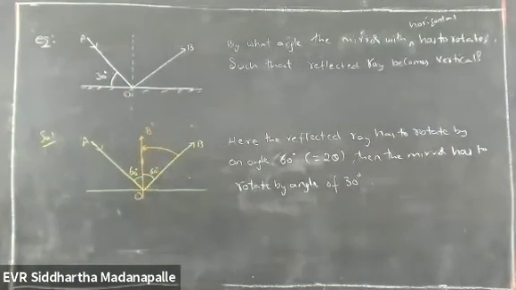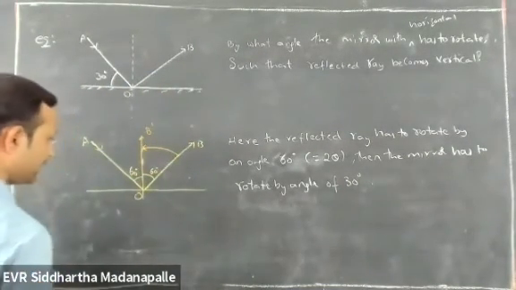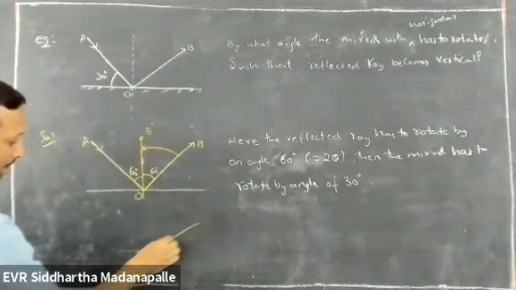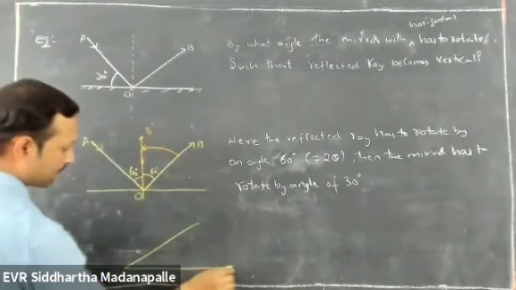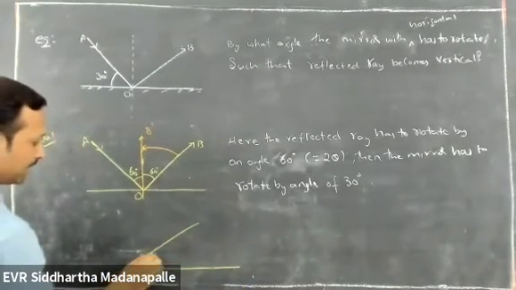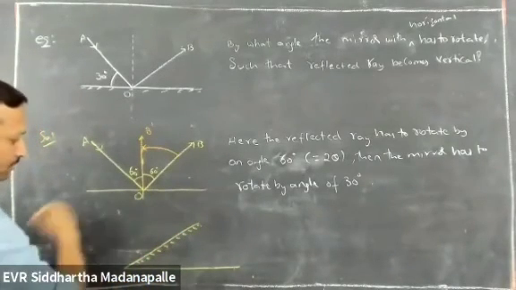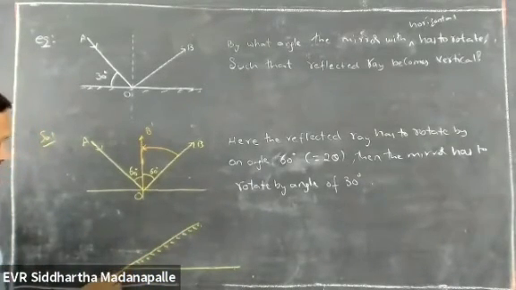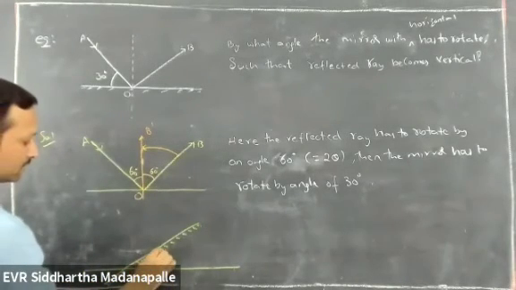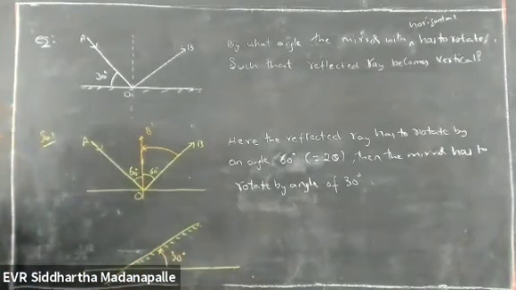Okay, so what will be the diagram? Let us see the diagram here. If this one indicates the horizontal and this is the mirror position, therefore the mirror has to rotate by an angle of 30 degrees, right?